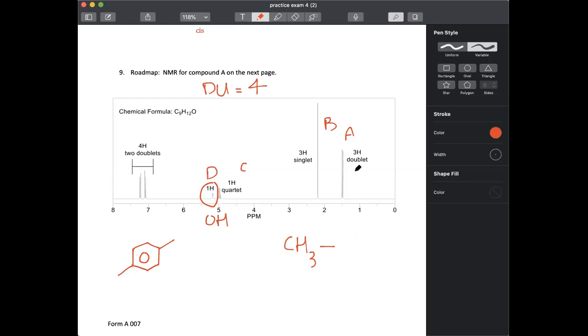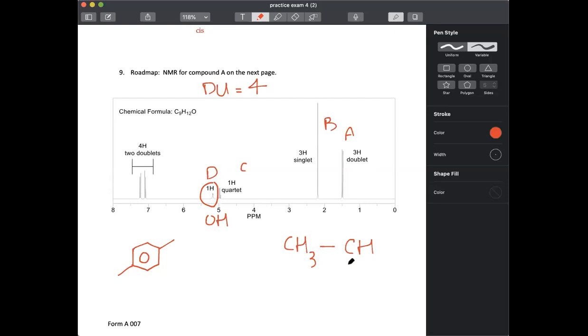A CH, because it's a doublet, so its neighbor is going to be a CH. If we go to our NMR, this is the only CH we have. It's a quartet, 3 neighbors. So we took care of both of these.